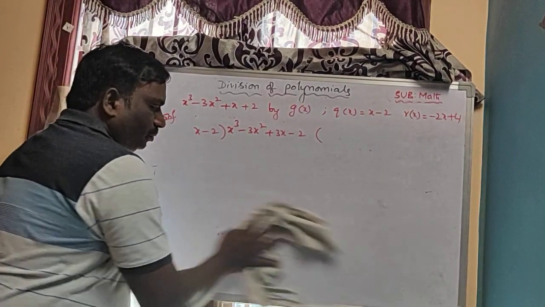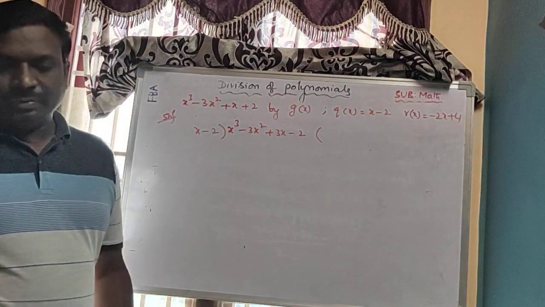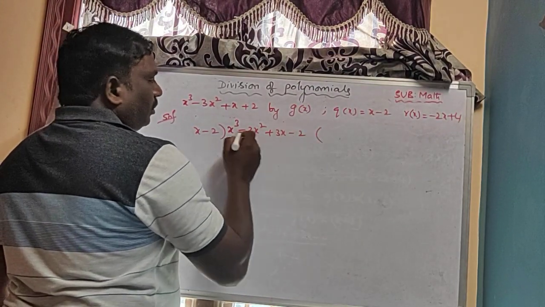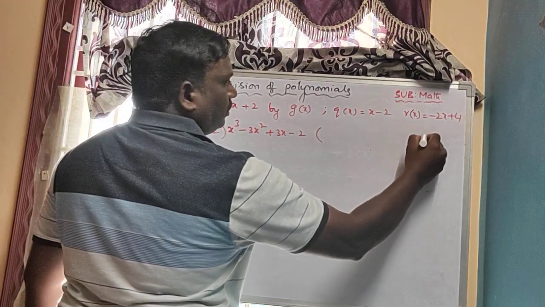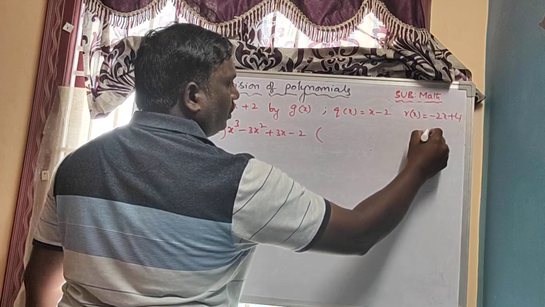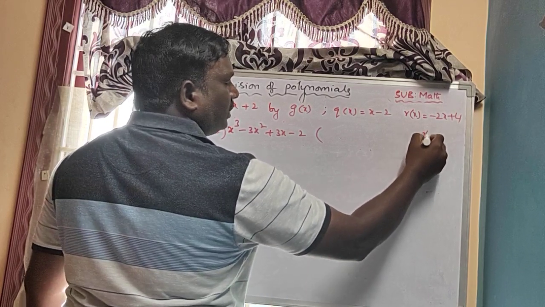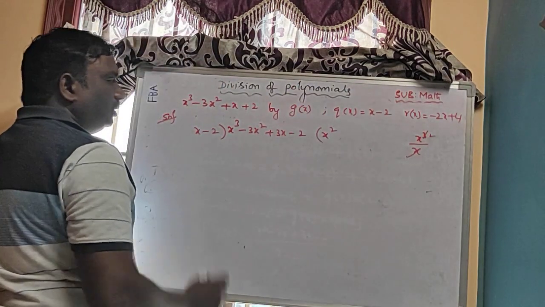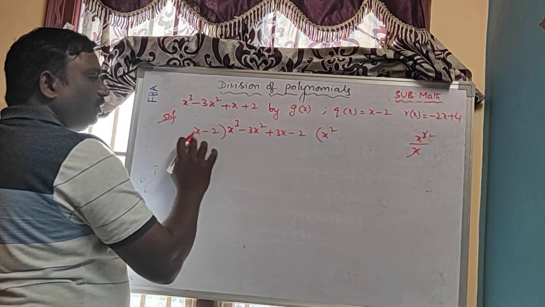What is the division? That is x cube by x. Do the cancellation, that is x square, it will go. Multiply this x square with this divisor.